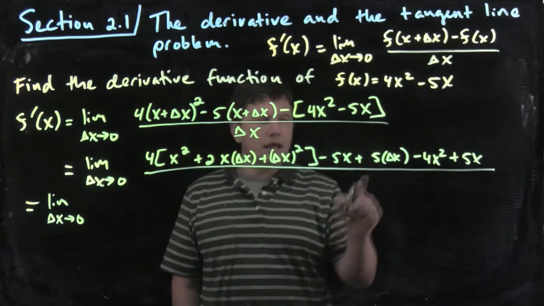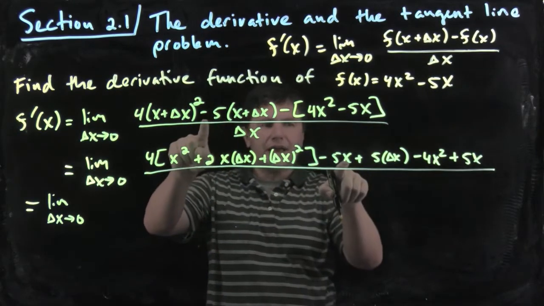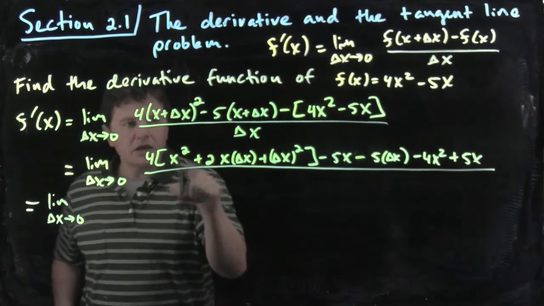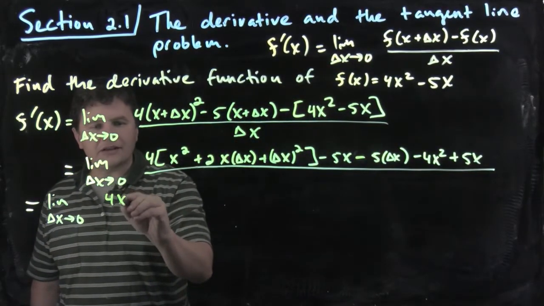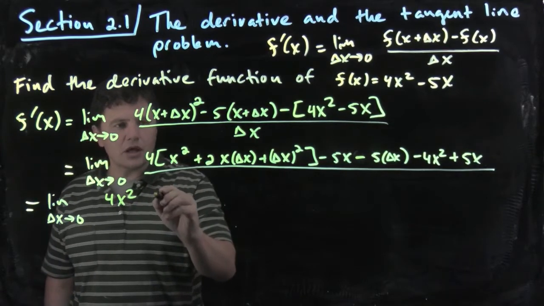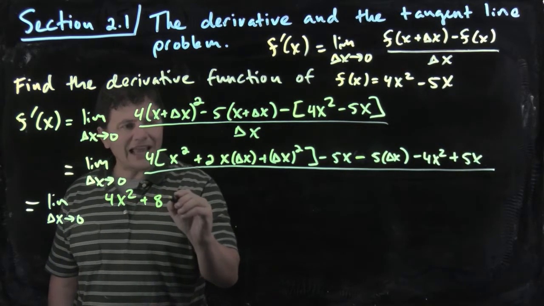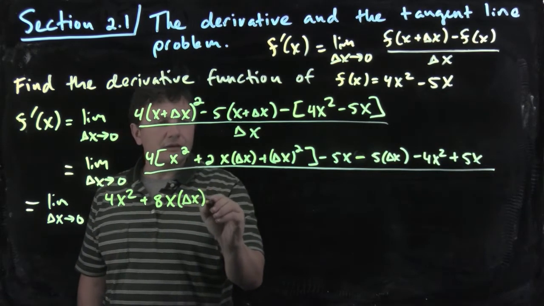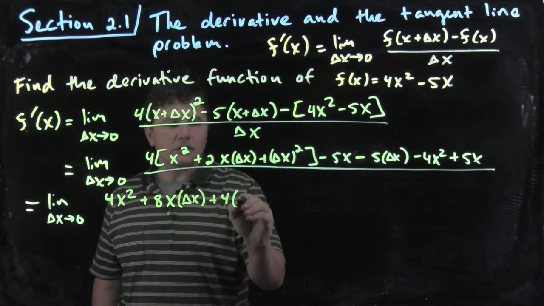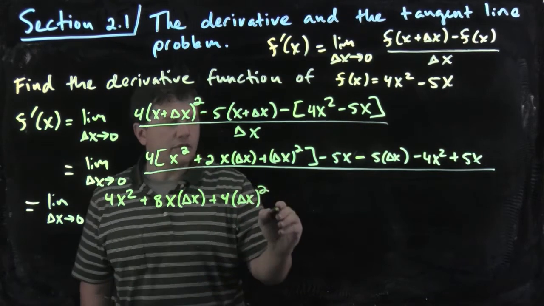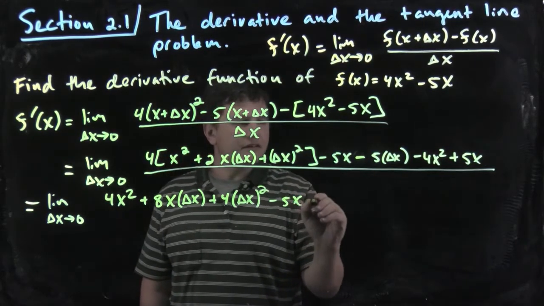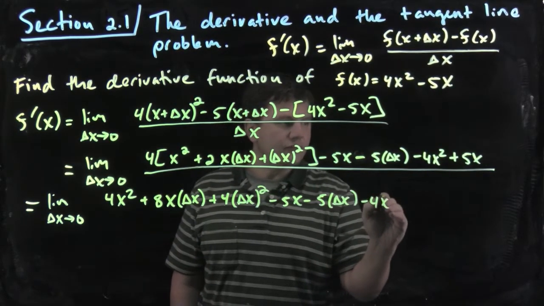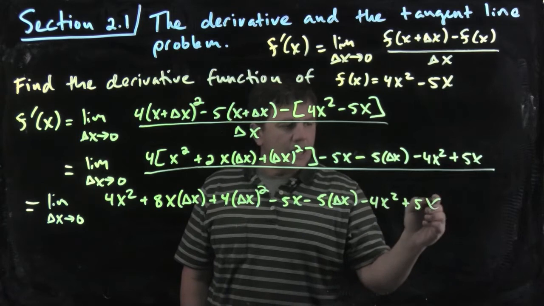Oh, and I made an error here. It should be negative 5x, and this should be minus. Good thing I caught that. All right, so 4x squared, we have to distribute this 4, plus 8x delta x plus 4 delta x squared minus 5x minus 5 delta x minus 4x squared plus 5x.